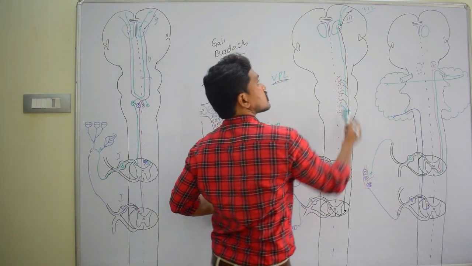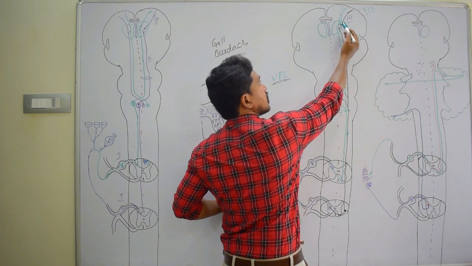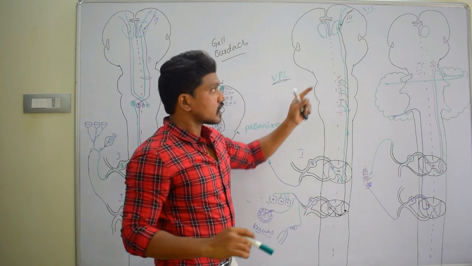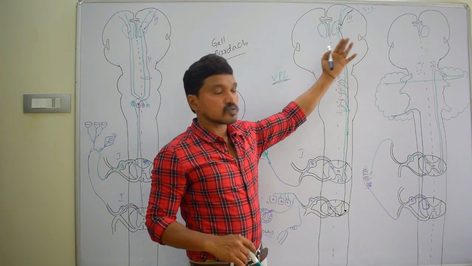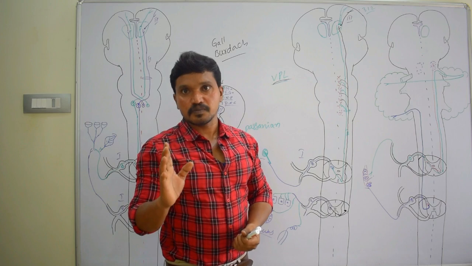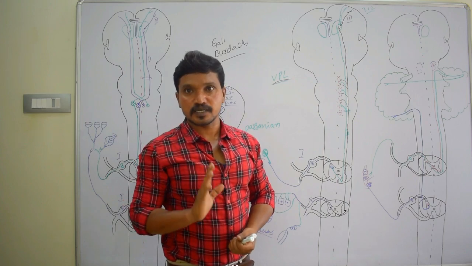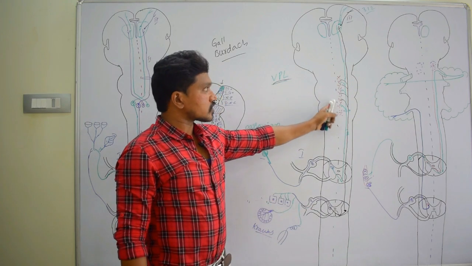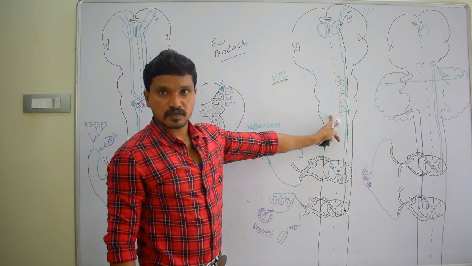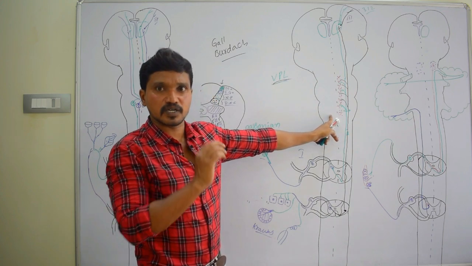Then they ascend upward and reach the thalamus, the ventral posterior lateral nucleus. There third order neurons will start. Those third order neurons reach area number 3, 1, 2, that means the somatic sensory area. When these two tracts pass through the brainstem, they will be connected with the reticular formation. Of course, almost all tracts will be connected with the reticular formation.